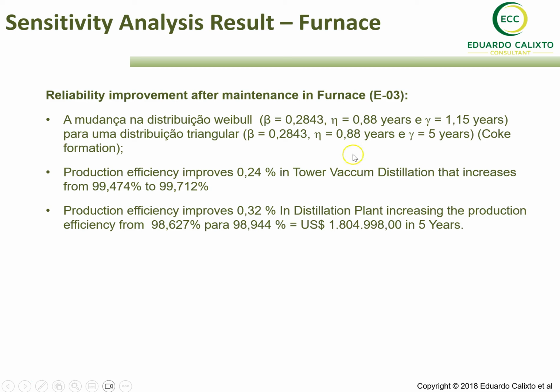And then of course, what you expect is that we will not have the scale and coke formation during the next campaign, if we put in proper operating procedures and also materials. Then we have a 0.24 increase in the production efficiency for the furnaces inside the vacuum distillation system.